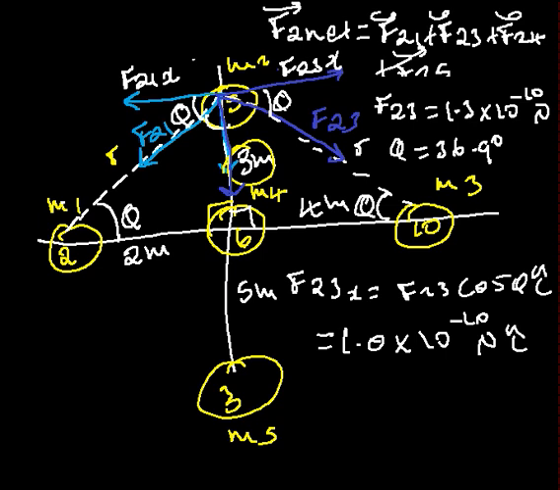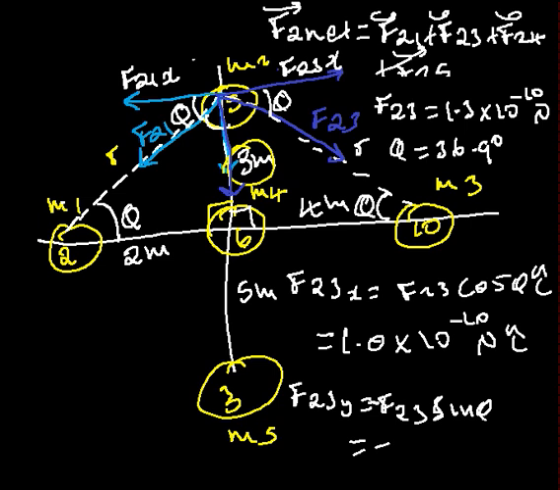And what is the y component? F23y is given as F23 sine theta. And since it is going downwards, that is the negative, so we'll have to assign a negative there.